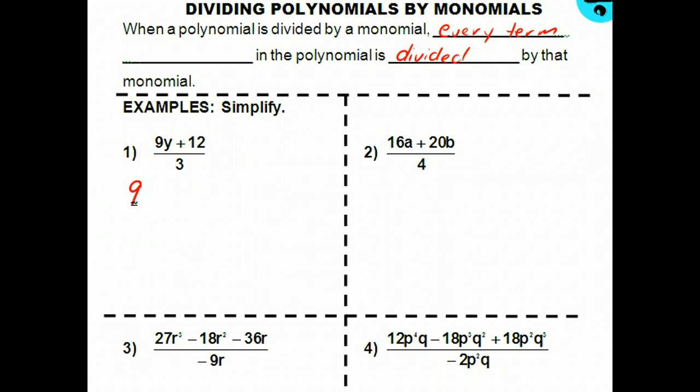So I could write it like this: 9y over 3 plus 12 over 3. And that is the exact same thing as what we've got on top. So we're going to equal here: 9y divided by 3 is 3y, and plus 12 divided by 3 is plus 4. Okay, so I'll leave 2 for you as an example to give that a try.